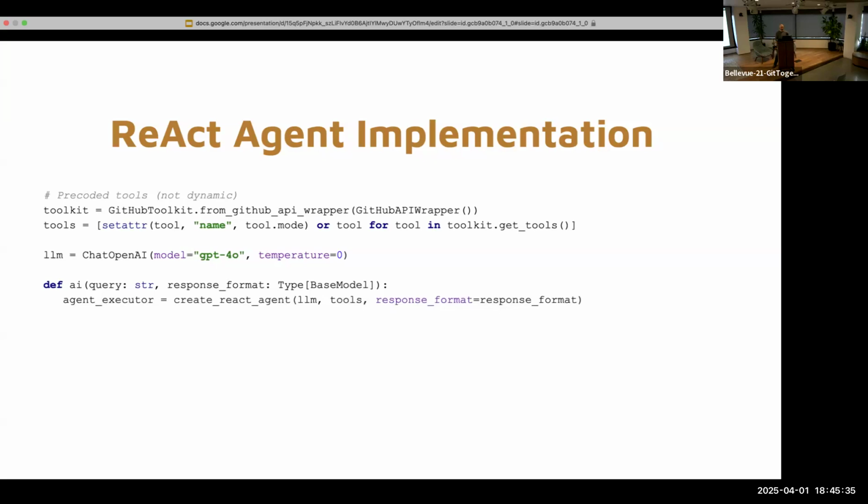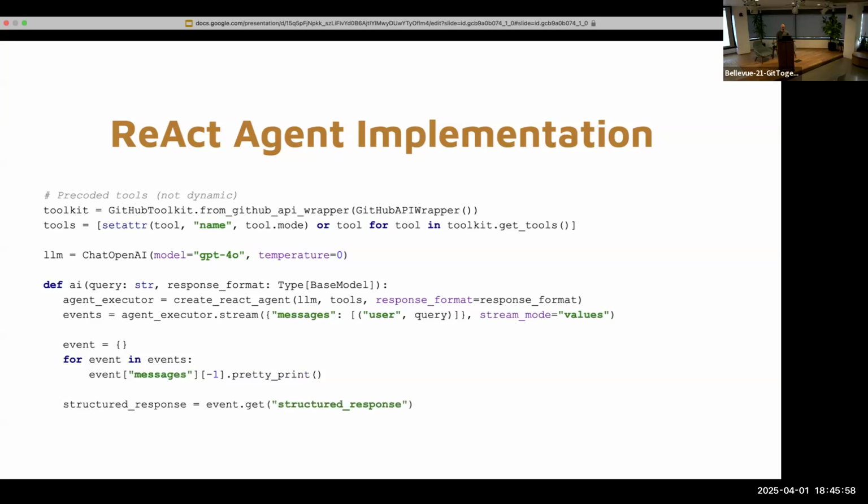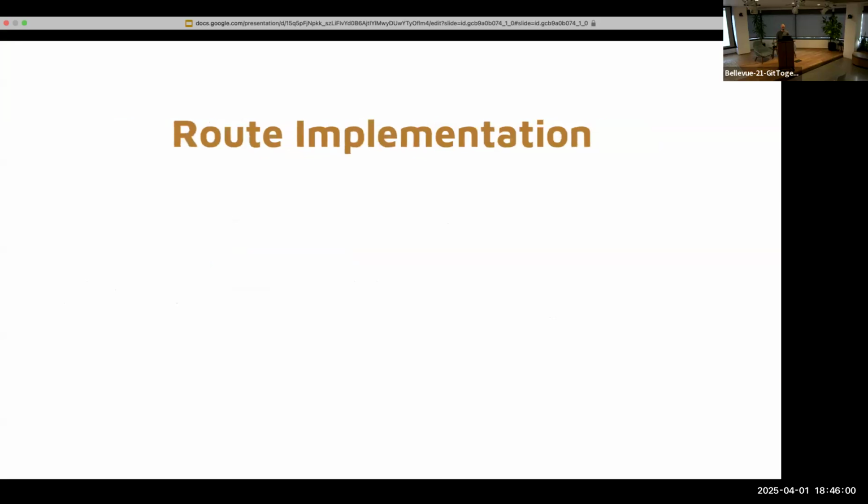So this is our entry to the agent, and it's going to just call this React agent. This is the pre-built one from LangGraph. And again, if you wanted to give it extra features, you'd probably want to write your own React agent. And it has the LLM, the tools, and our response format that we're expecting, that we're passing in here. And this is just boilerplate from the docs.